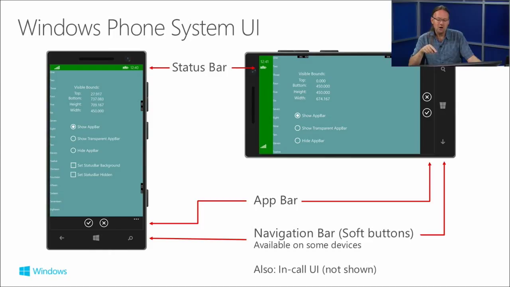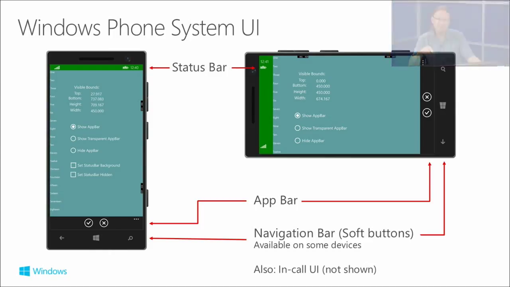The other bit of system UI, there's also on some phones, there's going to be this navigation bar, which up till now, pretty much every phone has had hardware capacitive touch buttons on there. So they're part of the kind of casing of the phone almost. You're going to see increasingly a lot of new phones coming out, and in fact most of the ones I've seen that are about to be released, you just get a big slab of glass in a nice shell, and then the actual navigation bar buttons, the soft buttons, the back button and the Windows button and the search button, are going to be rendered on the screen at the bottom there, and they're not going to be hardware buttons on these phones.